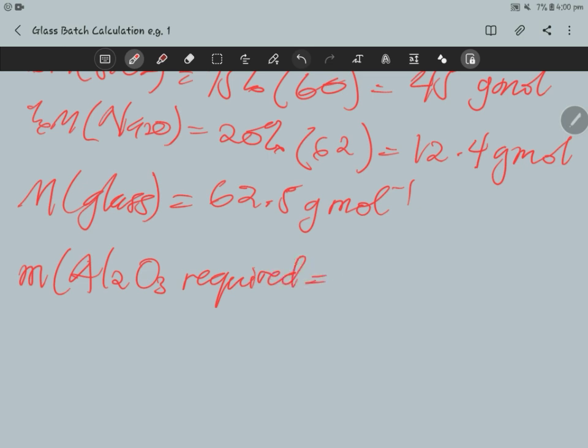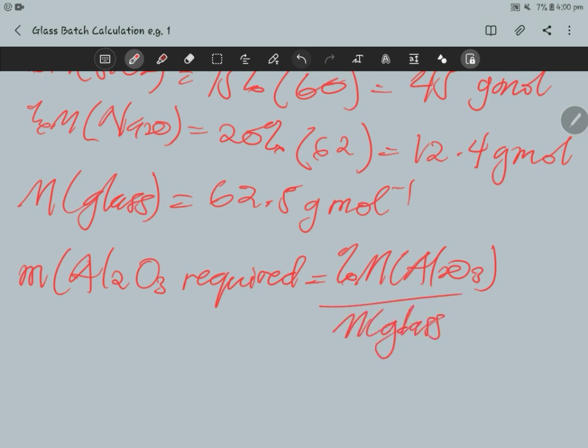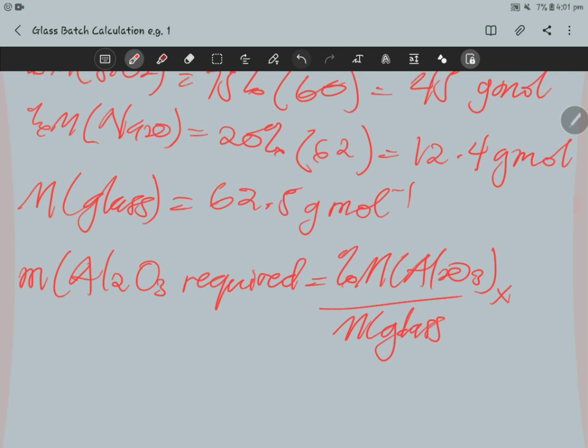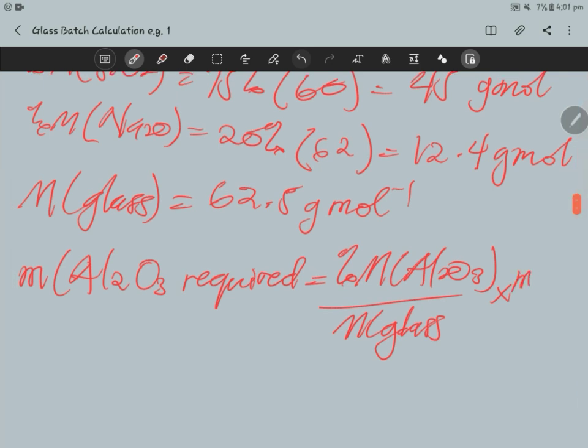that will be the percentage molecular mass of the Al2O3 all over the molecular mass of glass, times the mass of glass.